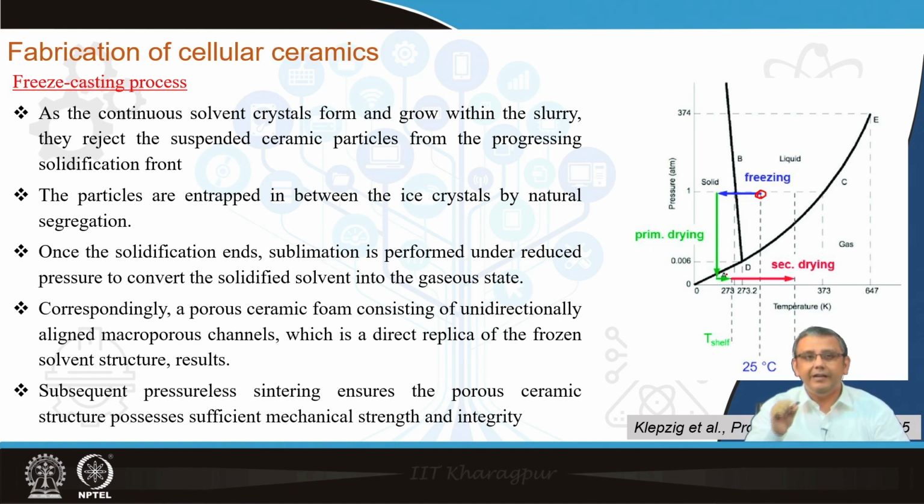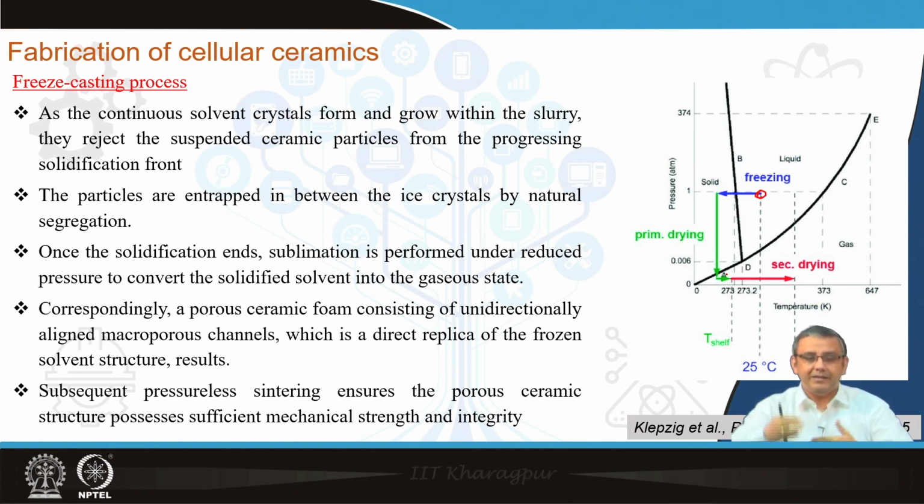But this is again the green body, because now the ceramic particles are not bonded to each other, it is a green body which lacks strength and stability. So, the next process is that after you obtain the green body, it is sintered by pressureless sintering, and if it is an oxide ceramic, we can do it in air, and if it is a carbide or nitride ceramic, we have to use some special atmosphere. But the main thing is that the green body is sintered, and after sintering it attains its mechanical strength.